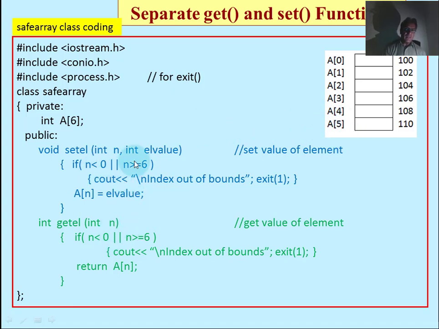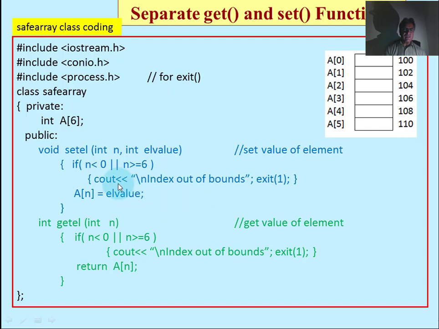And if this condition is false, that is, the index is 3 or 2: is 2 less than 0? No. Is 2 greater than 6? No. Then it will come here. This line belongs to the if block.